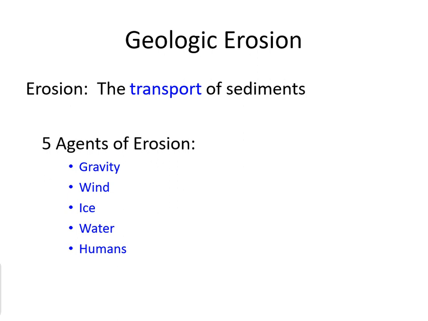Well, that river then continues to transport that material downstream where it all ends up in the Gulf of Mexico. So rivers are powerful agents of erosion. They produce spectacular landscapes like the Grand Canyon, and they move a lot of material.